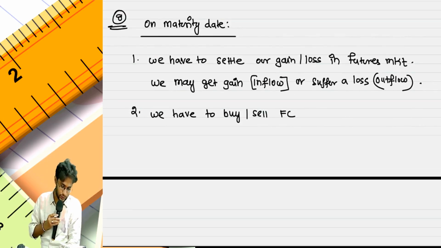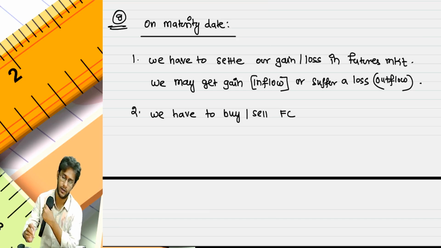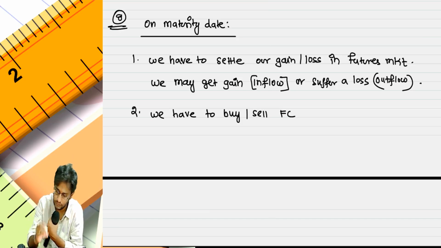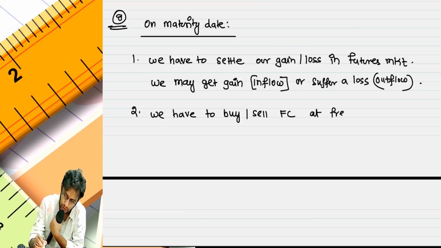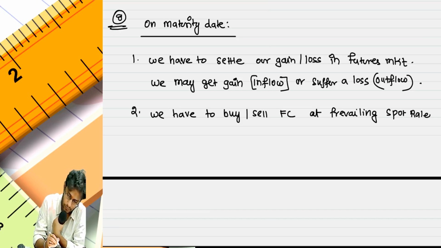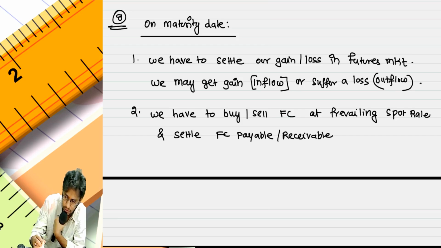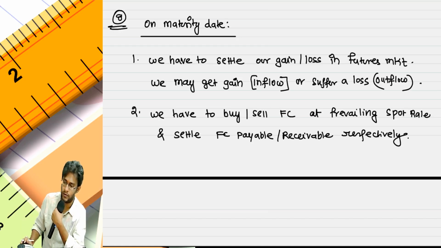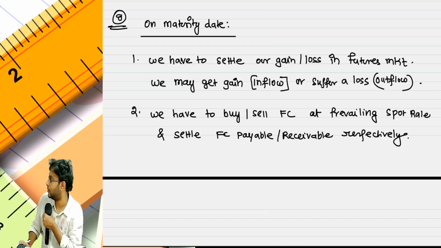An importer has a payable, so he has to buy foreign currency, as the case may be, at the prevailing spot rate, and settle FC payable or receivable respectively. So as the case may be, buy is for payable, sell is for receivable.